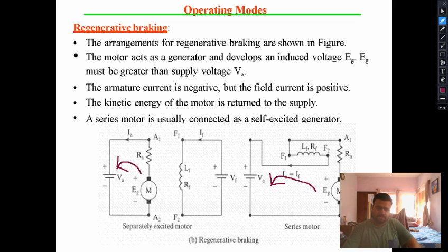So the transition is in shifting of the current from plus IA to minus IA.